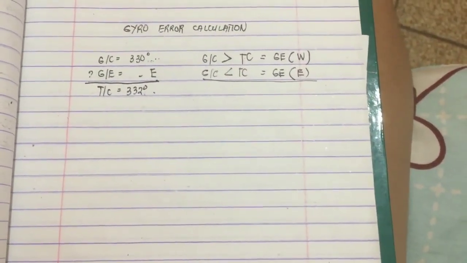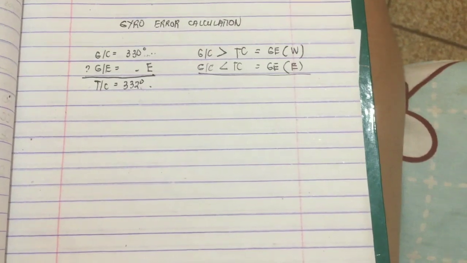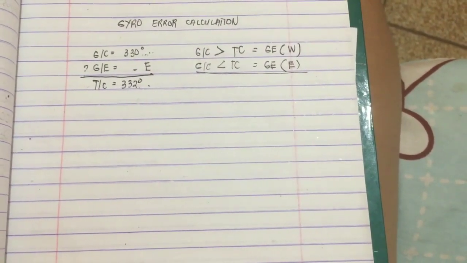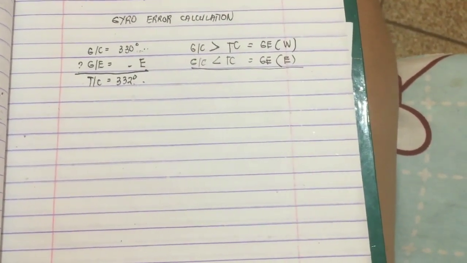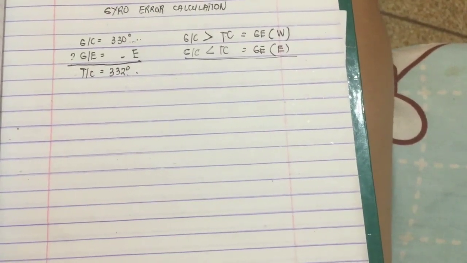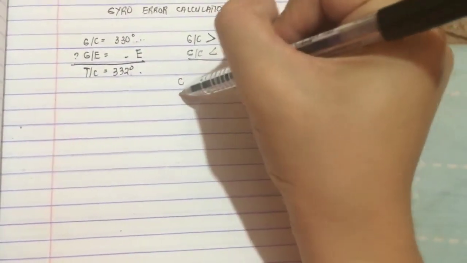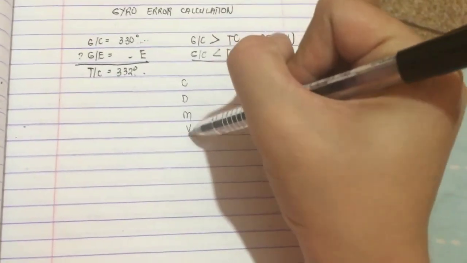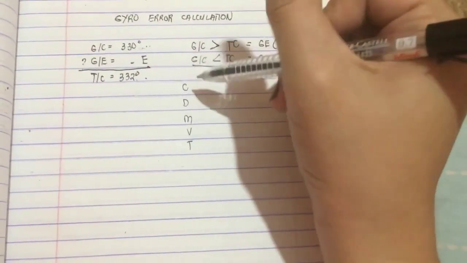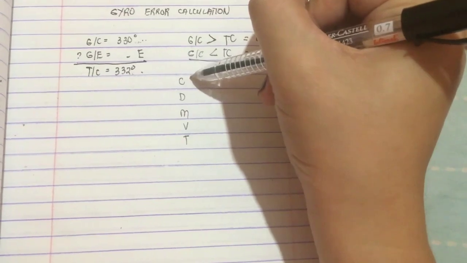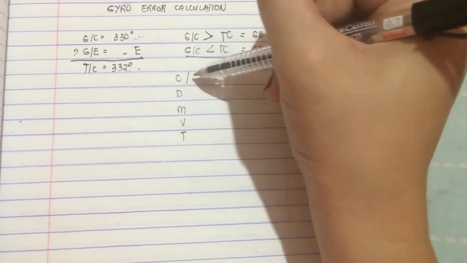Okay, since in calculating the compass error we use the compass course, deviation, magnetic course, variation, and true course, we will be using CDMVT. This time we will erase compass course; instead of compass course, this will be gyro course.